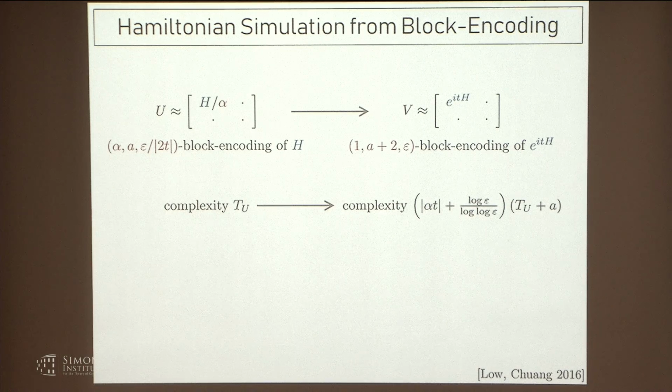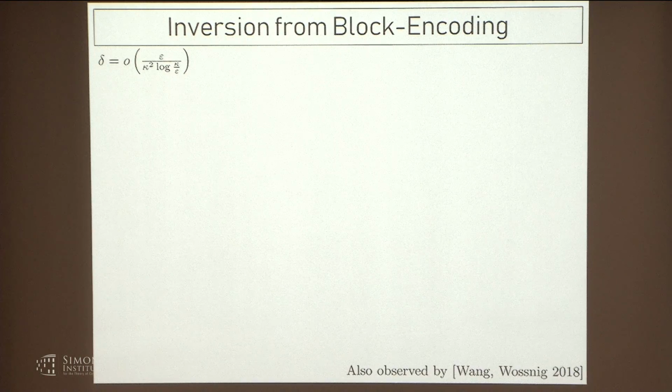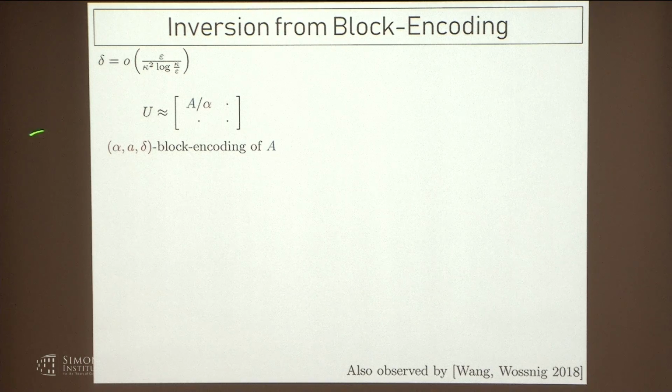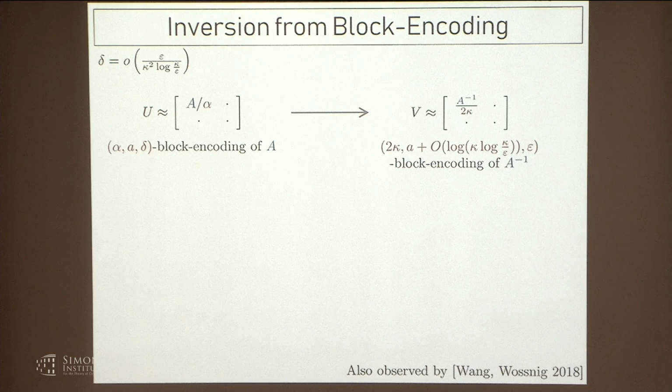Okay, and then seeing that you can do Hamiltonian simulation in this model, a natural thing, especially after Robin's talk, that you might think is, can we also do linear system solving? And so we can. Given a block encoding of A, we can also implement a block encoding of A inverse.